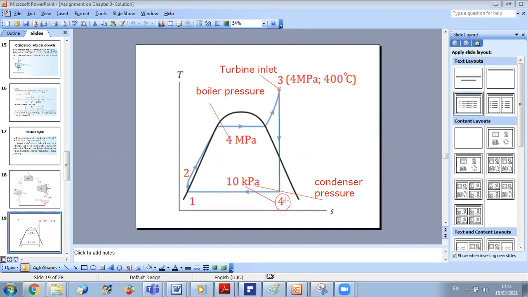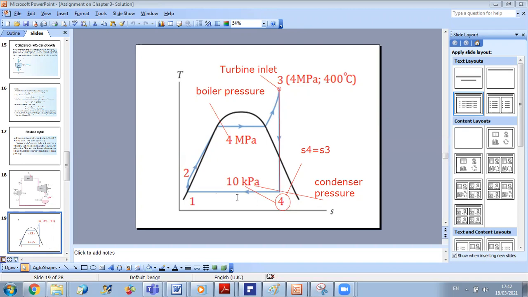And it is also characterized by another property that I can get from point 3, which is the entropy. So S4 is equal to S3. And we know that knowing two properties of a point is enough to determine all other properties. So now, using these two conditions at 4, P equal to 10 kilopascal and S4 equals S3, I will be able to determine the enthalpy at point 4.